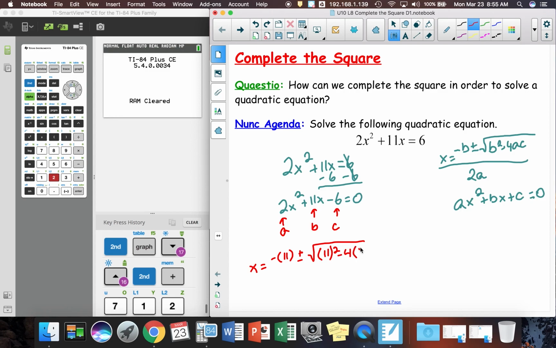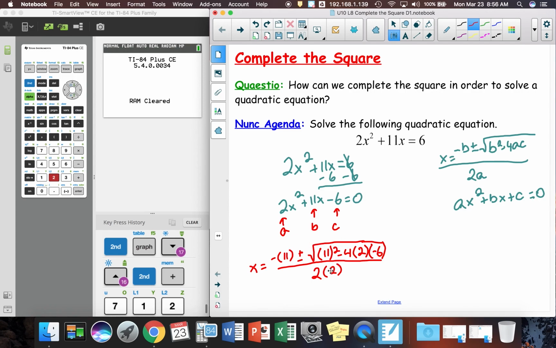A is 2. C is negative 6. Remember, we want to keep the sign with the number. So since it's a negative 6, I'm going to write negative 6 inside here. And then all over 2a. 2 times 2.